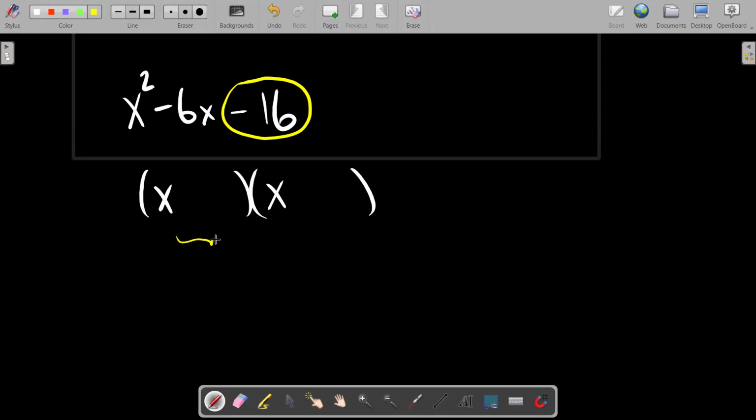No matter how hard you try to deny this fact, whatever I put in those two blanks have to multiply to make negative 16. And the only way to accomplish that is to make sure I have one of each, right? If you're talking about the negative 6 in the middle, we're not ready for that conversation yet. What's important is that we lock in on the signs.